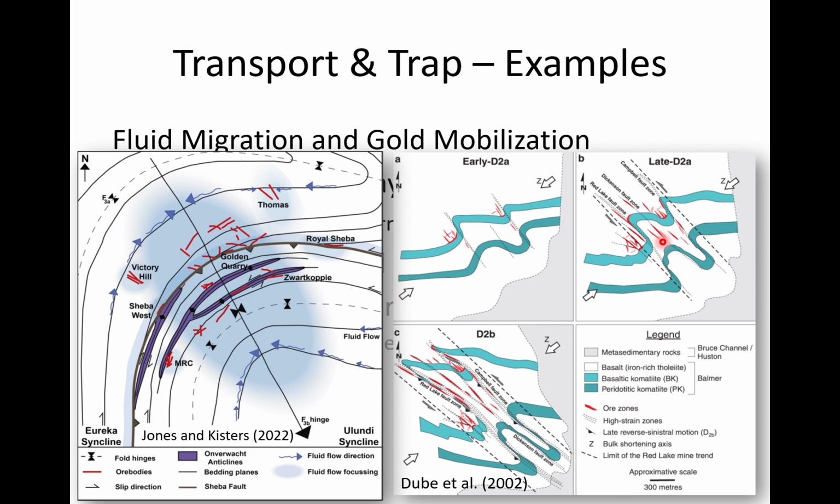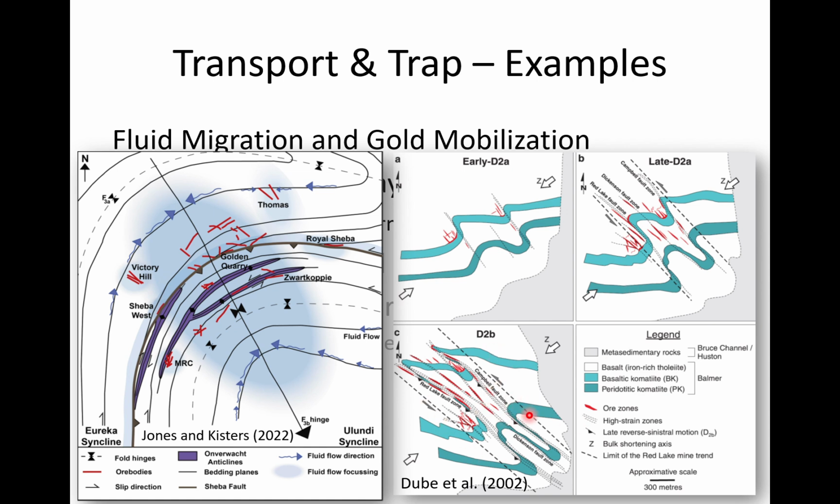We have high strain zones acting as highways, conducting and focusing fluids like major crustal scale shear zones in Abitibi, and boudin necks and fold hinges form mechanical and geometric dilation zones leading to pressure drops and gold precipitation, exactly as we already described earlier.